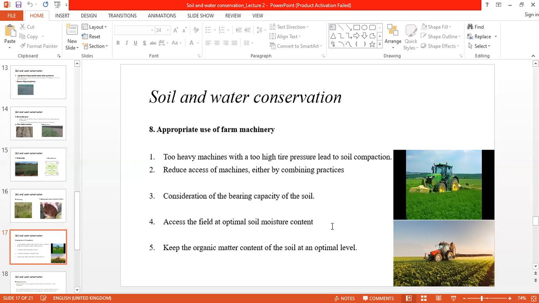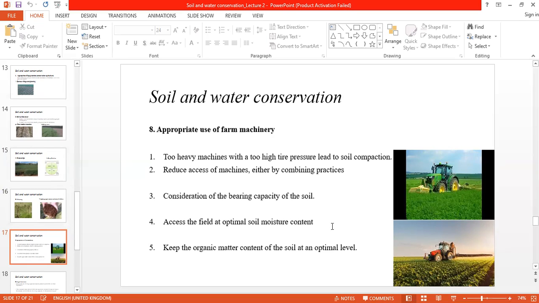Then the fifth one is that you have to keep your organic matter to a certain level, so that you improve the structure of the soil. And if the structure of the soil is improved, it cannot easily be compacted.